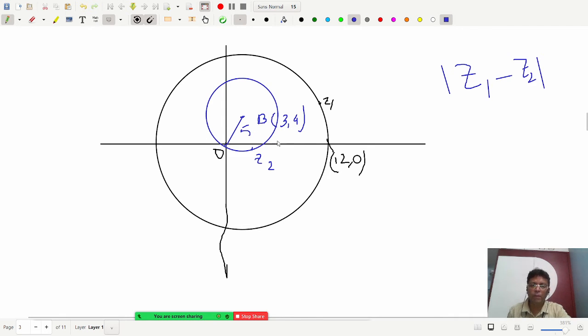The minimum will be along this line, along this diameter. This is your Z2 and this is your Z1. Let's suppose the diameter of the smaller circle is OC and this is D. So this CD is the distance, modulus of Z1 minus Z2.